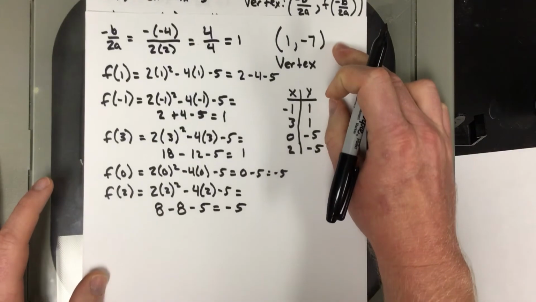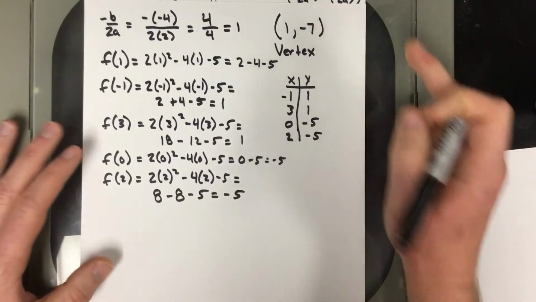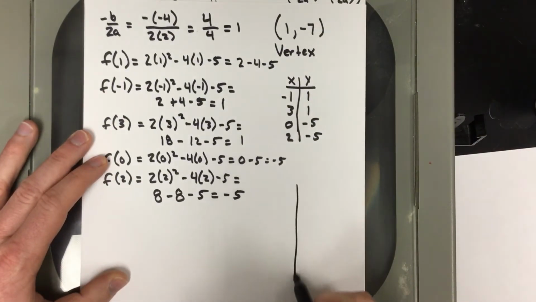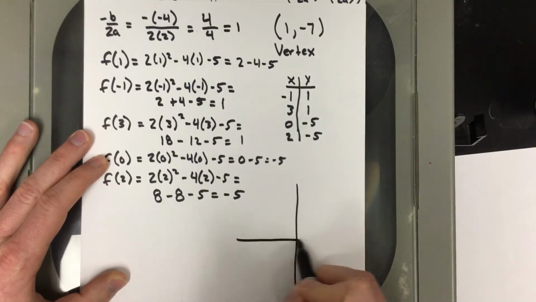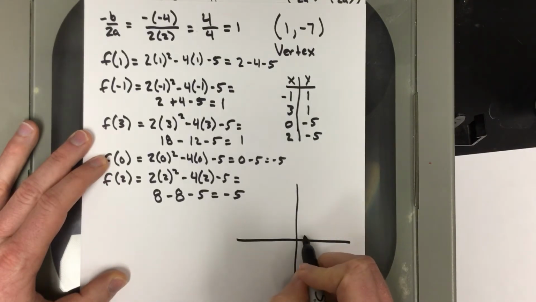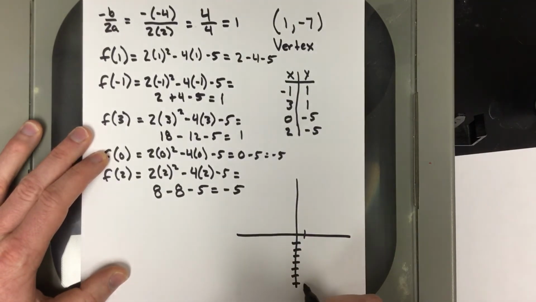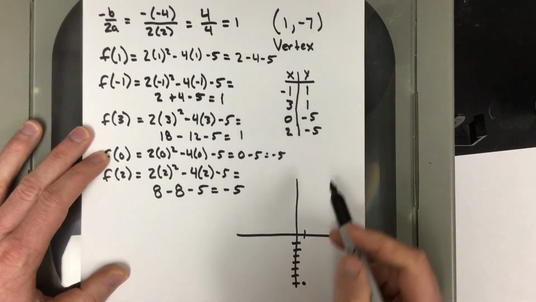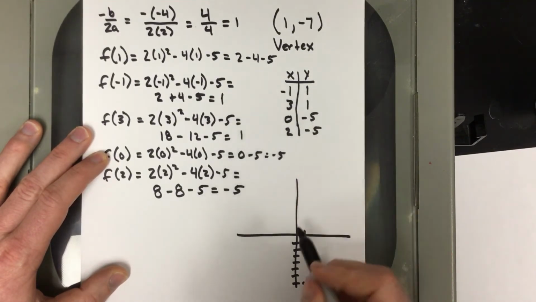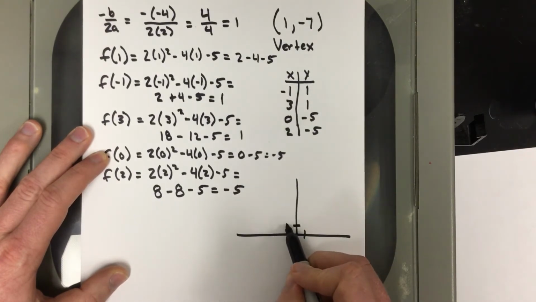Let's slide up just a little bit and then graph it now. So I will start with the vertex, which is 1, negative 7, and 1, negative 7 will be right here. And then I've got negative 1, 1, so negative 1, 1 would be right here.